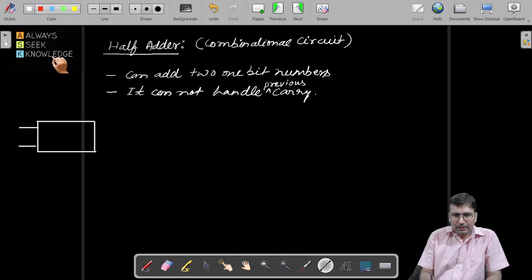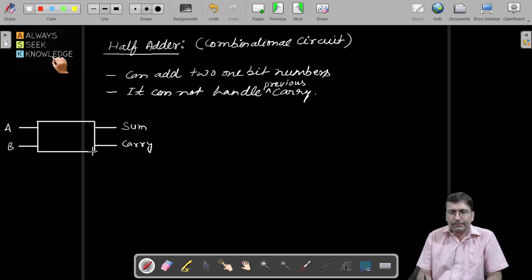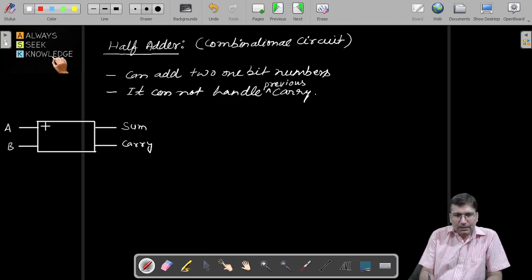I'm just considering two inputs, and it is generating, let's say, two outputs: sum, and it also generates carry. You can take any inputs like A, B or X, Y, whatever you want. Let's say I'm taking two inputs, A and B, and both of these are only single bit, right? So this is a half adder.